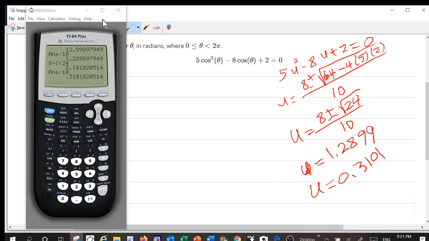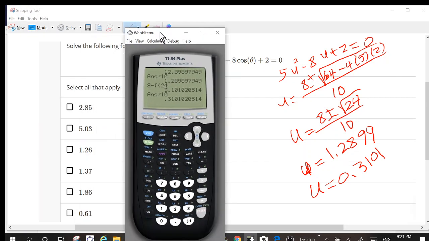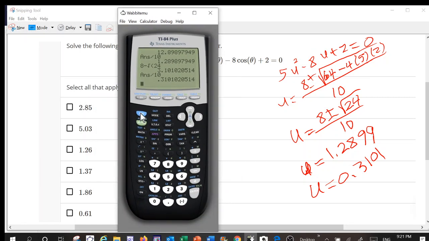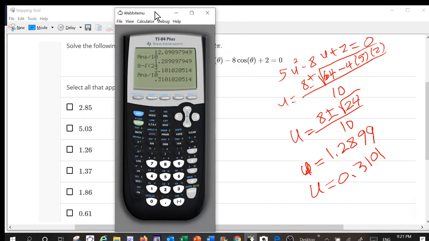Okay, so u of course is cosine, so we are looking for cosine, and this is in radians. First we're going to do it in degrees just to have an idea of where these things are.